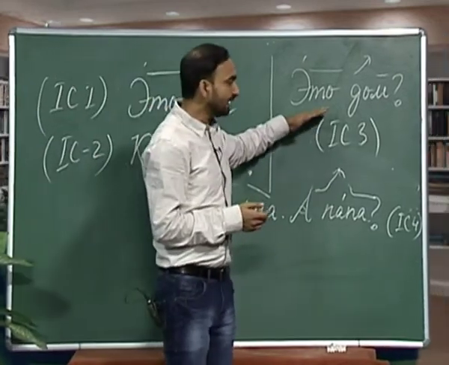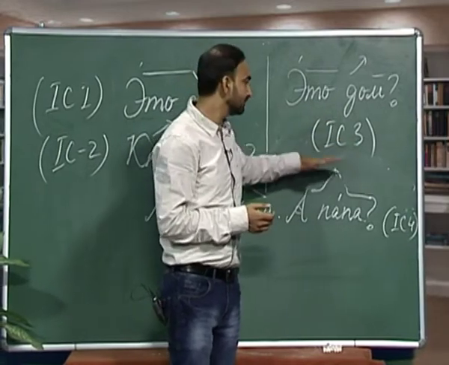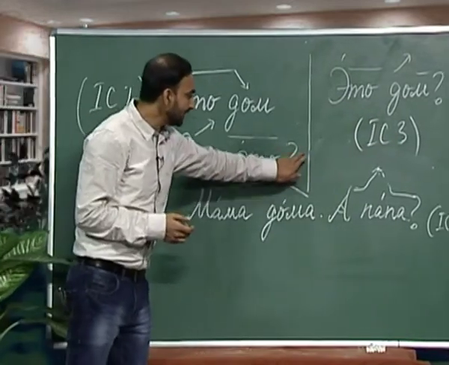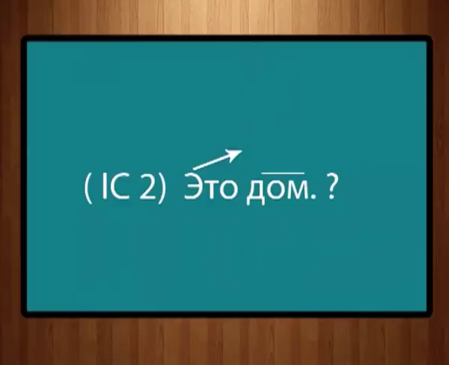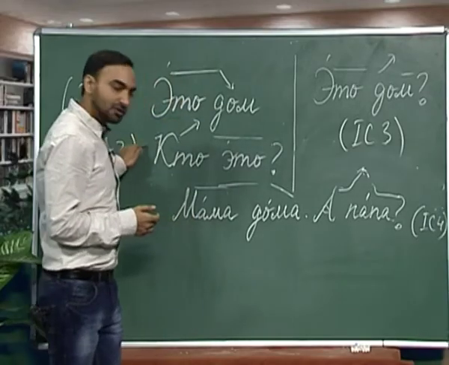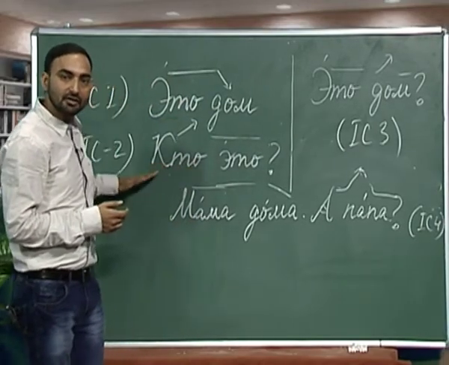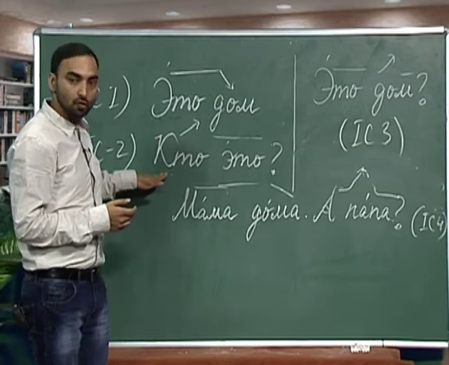The next intonational construction is, how will you read this sentence? Кто это? This is an interrogative sentence with an interrogative word, which is кто.